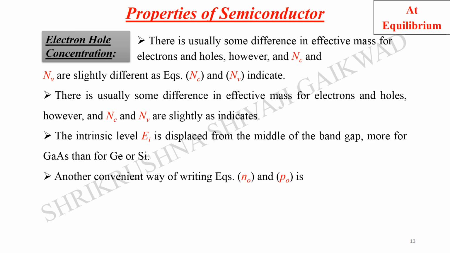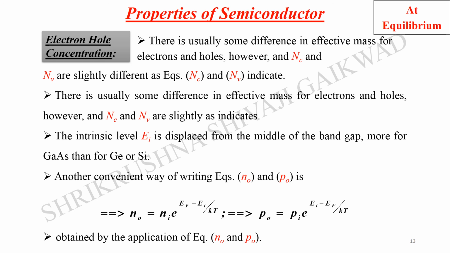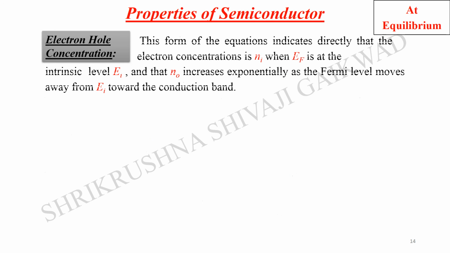Another convenient way of writing this is n0 equals ni exp((EF - EI)/kT), and p0 equals pi exp((EI - EF)/kT), obtained by applying this equation for n0 p0.